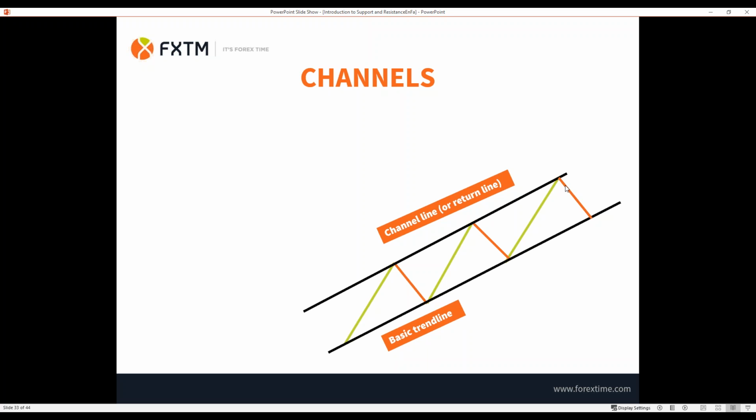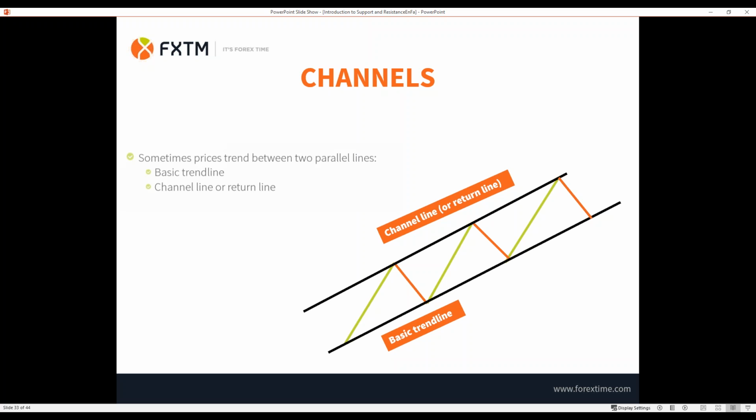And the upper line is called channel line or a return line. So the theory is that prices are trapped between these 2 lines. So this is the concept of channels.